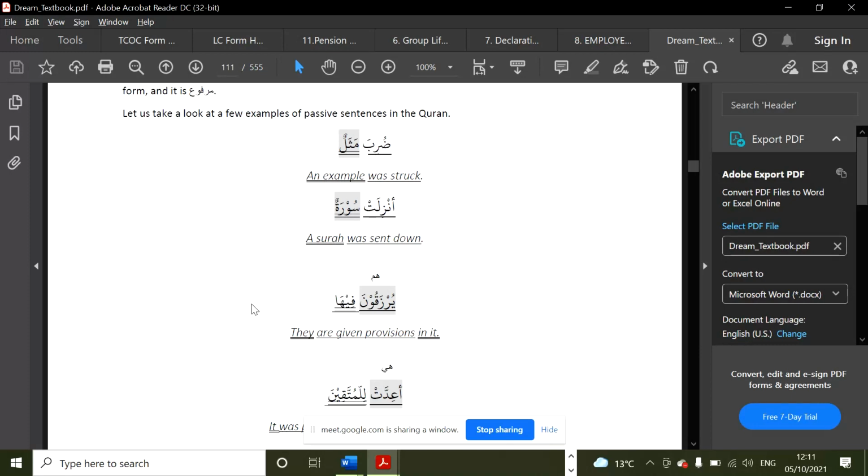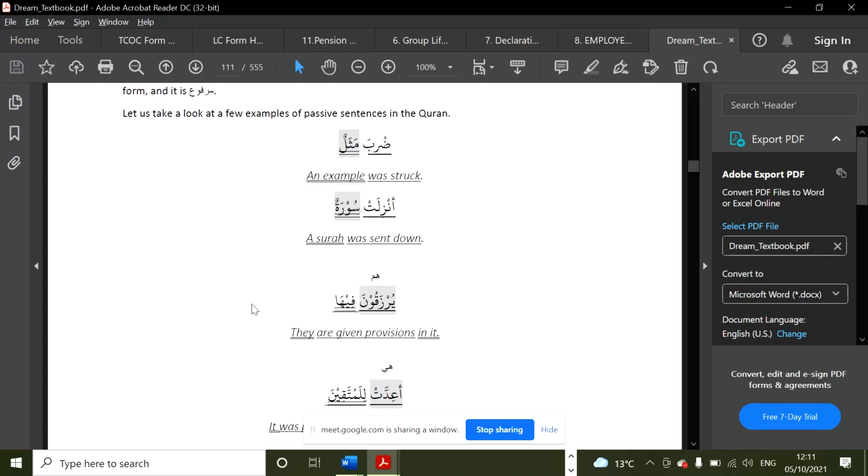Unzilat suratun. So unzilat is in a hiya form as well, so we have to look for an outside naibul fa'il. And suratun is in rafa form, so that's our outside naibul fa'il. Very good. Anzala means to send down, so unzilat means was sent down.